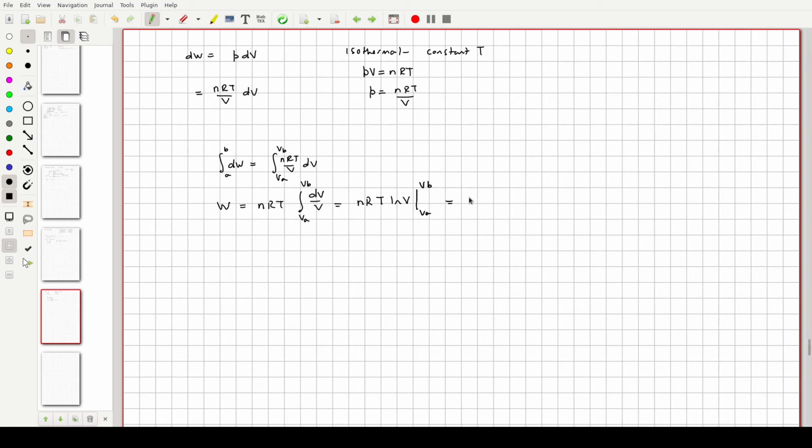And if you plug in the limits over here, and you use the law of addition and subtraction for natural logs, now you have an expression for the work done by an isothermal gas.